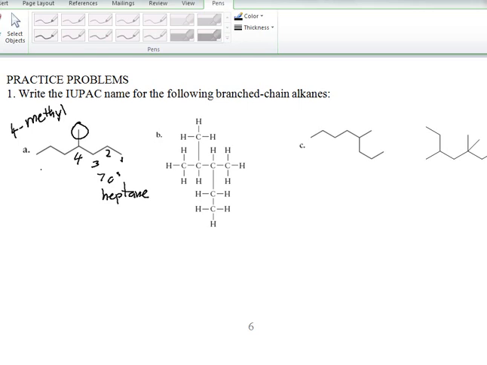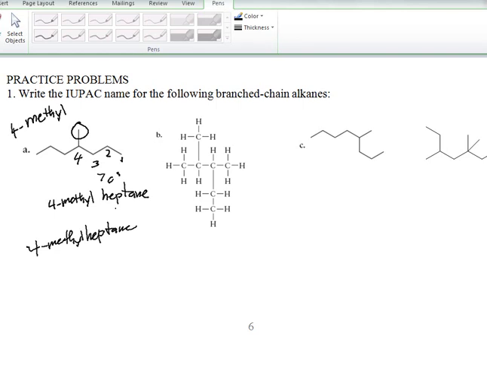If we numbered from the other side, 1, 2, 3, 4. So either side is equal. 4-methyl is the location and identity of the substituent. We add that to the beginning of the name, 4-methyl heptane. Normally there's no space here. I have a space just because that's how I wrote the name, but we could rewrite it 4-methyl heptane. So that's pretty simple.